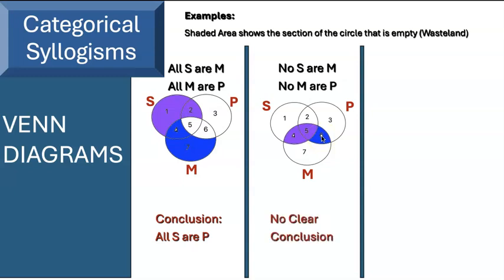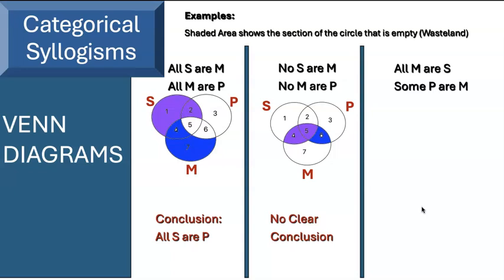I don't see any clear conclusion. Right? Because we don't have the X's to say it's a particular statement. And we need the overlap between S and P to be fully shaded, and it is not. And the outside here is not fully shaded either. So no clear conclusion. So the argument from this would be invalid. Argument with these two premises, invalid.